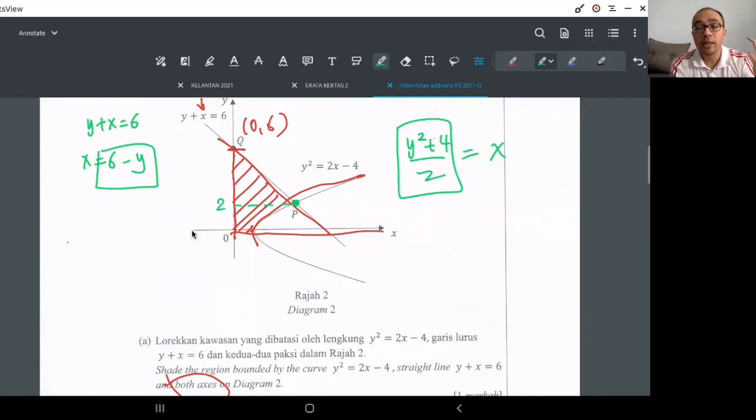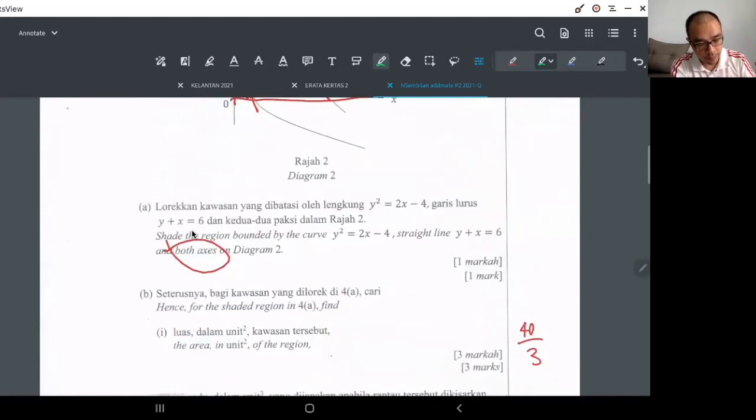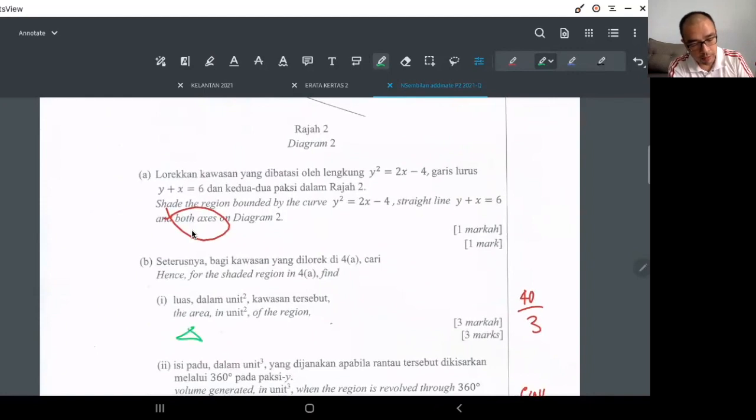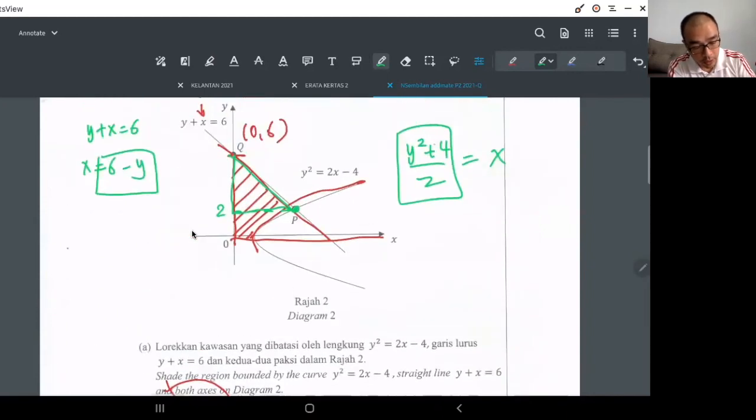So the area of the shaded region is the area of the triangle plus the integration from 0 to 2 of which curve? Of this line, of x towards dy.